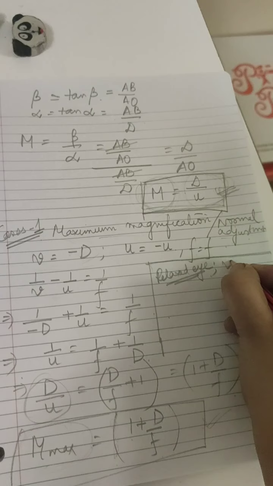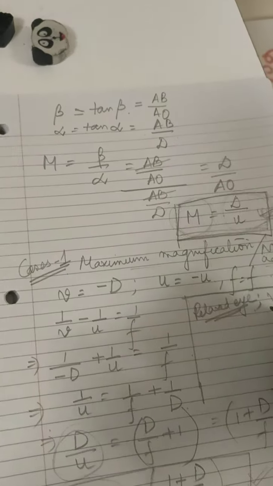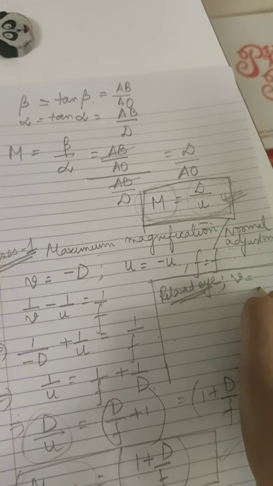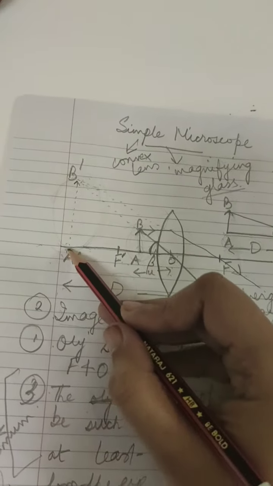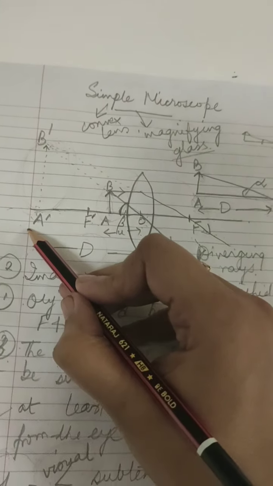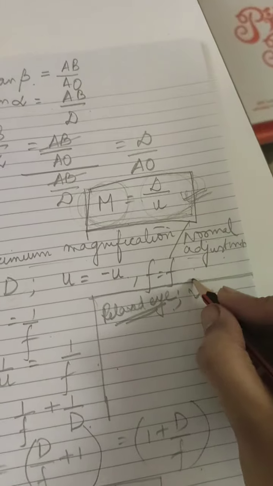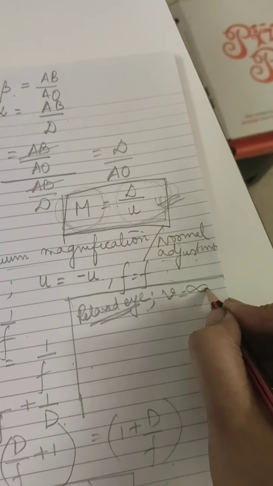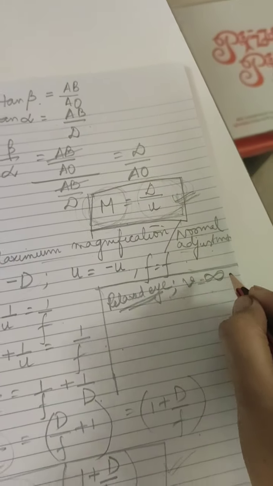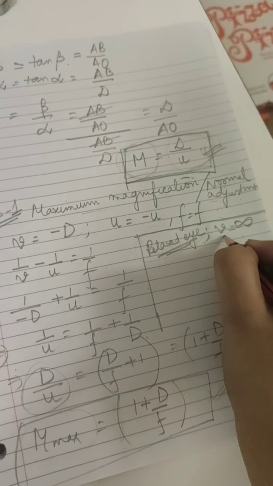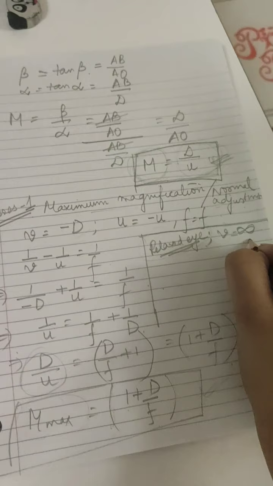An object can be seen till infinity, and if the image is formed at infinity, it can be seen with a relaxed eye. So v, the image distance, is infinity. That is the relaxed position of the eye, when the final image is forming at infinity.